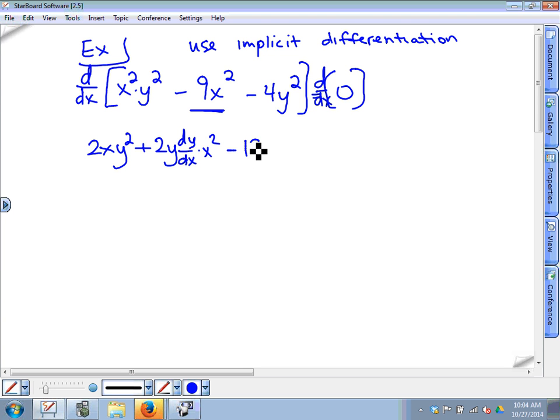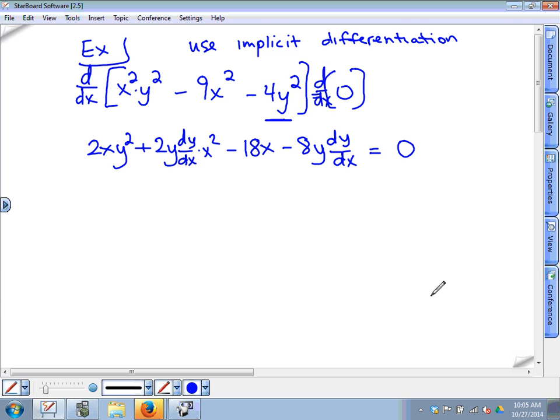This one's just minus 18x. Now let's move on to the derivative of the third term here. Minus 8y, but since we're taking the derivative with respect to x, we have to put dy dx. And then the derivative of 0 is just 0.